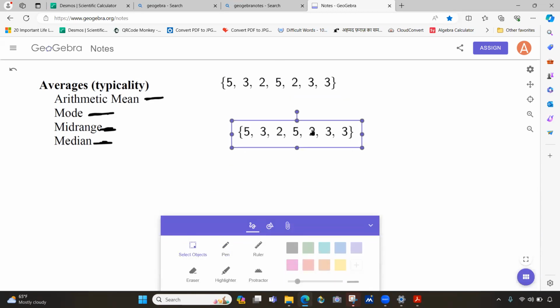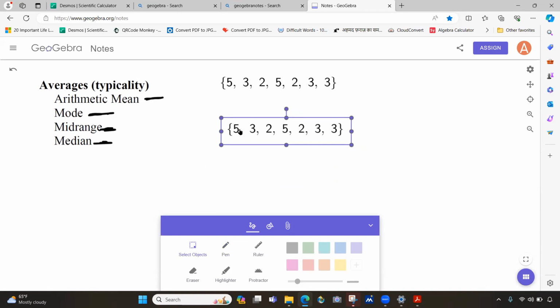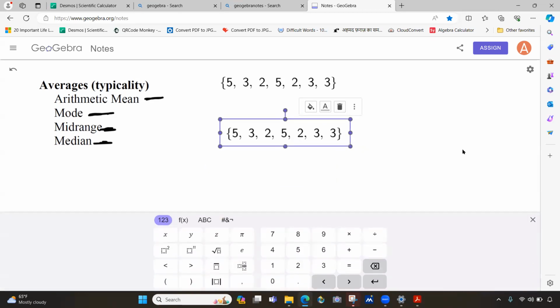So I'm going to keep the original data here so that I don't lose it. If I rank order the data points, carefully, I get 2, 2, then 3 threes, 5, 5.